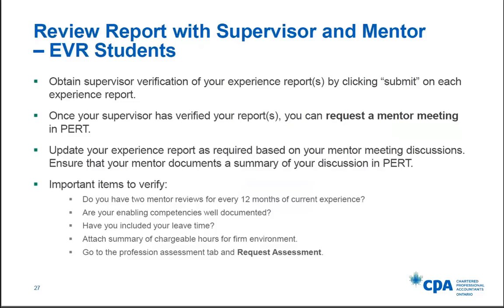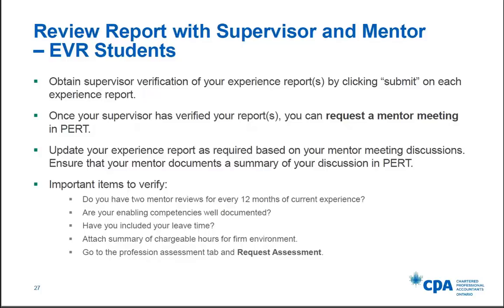I'd like to go through the process specifically for experience verification students and pre-approved program students separately, as there are some differences. As mentioned, when you have prepared your last experience report, it is time to review your report with your technical and enabling competency and get it reviewed by your supervisor. Your supervisor would verify and review the factual accuracy of your report.